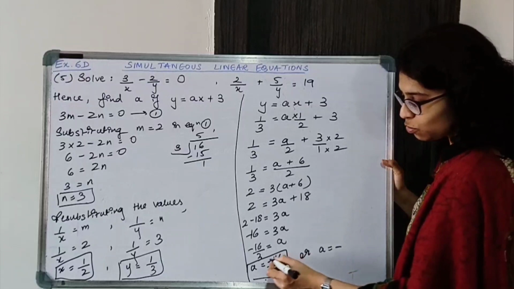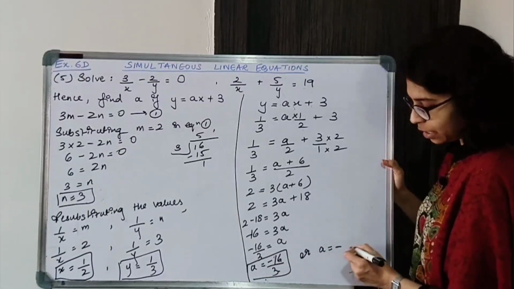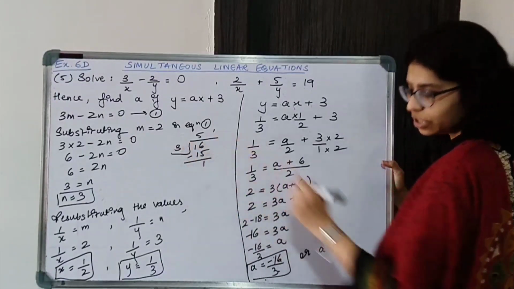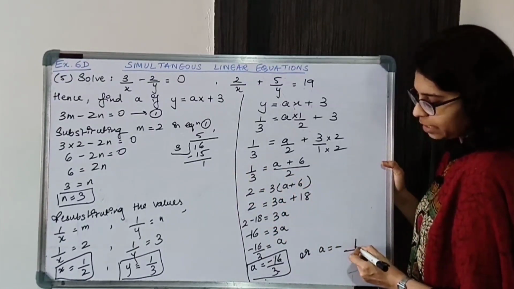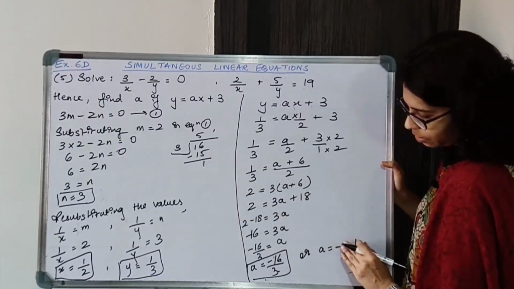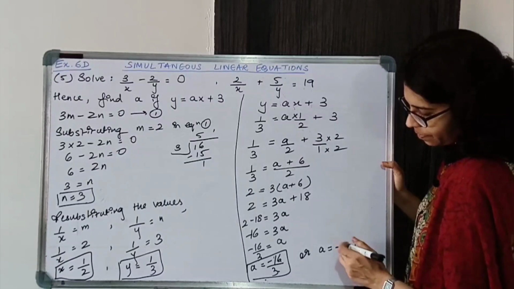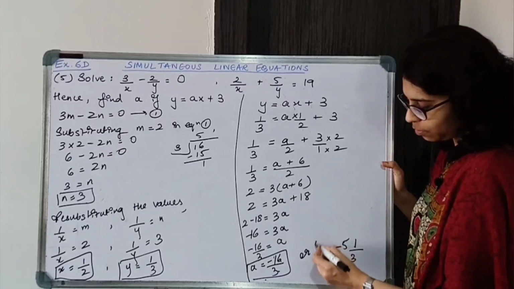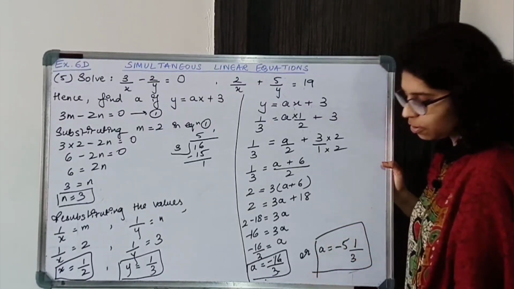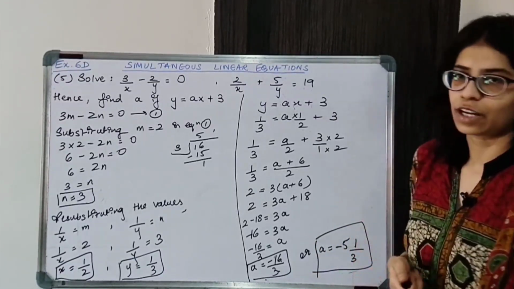So minus 16 upon 3, what is in the denominator, 3, so 3 as it is. Remainder we'll put in numerator and 5 we'll write over here at the side. So we got a as minus 5 1 upon 3. Alright, so this is in mixed fraction form.